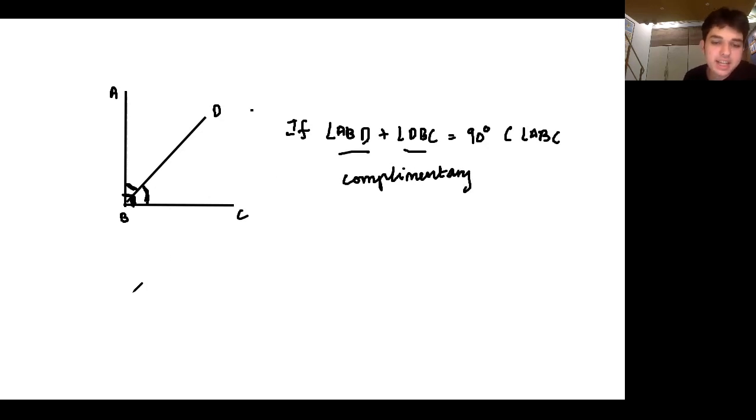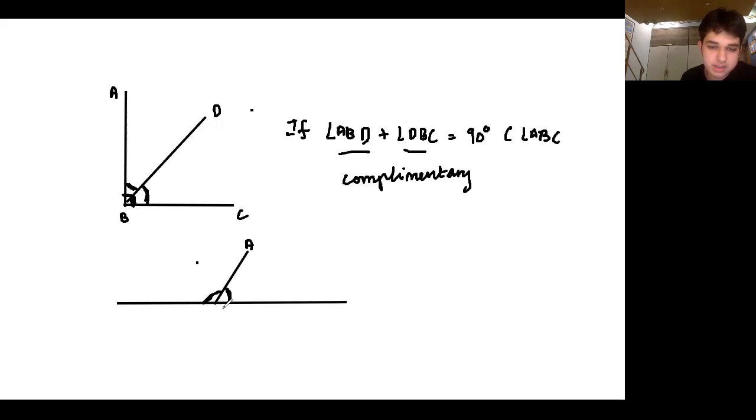Similarly, supplementary is the exact same concept, except that the sum of the angles would be 180 degrees. For example, if I took a straight line, and then put a pair of angles here, something like this, these angles would add up to 180 because a straight line is always 180 degrees, and therefore they would be supplementary.